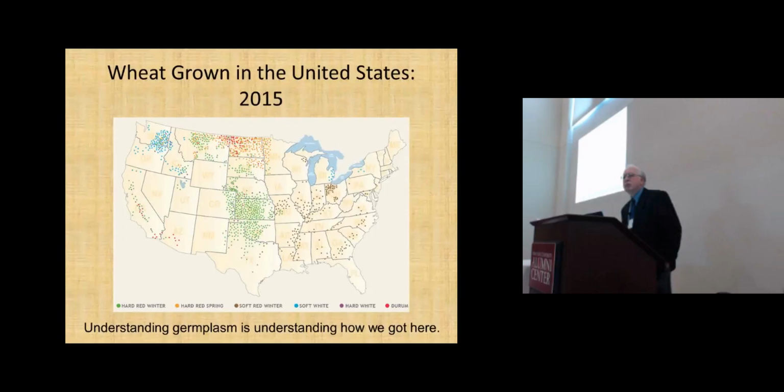So where was wheat grown? Now, first of all, and I apologize because the colors are probably hard to see, but there are major classes of wheat, okay? And they each have different uses. So in the central Great Plains, the green dots are hard red winter wheat. You'll see a smattering of purple dots. That's hard white winter wheat. That's all bread wheats, used predominantly to make bread. If you go to the east, you'll see the soft wheats.